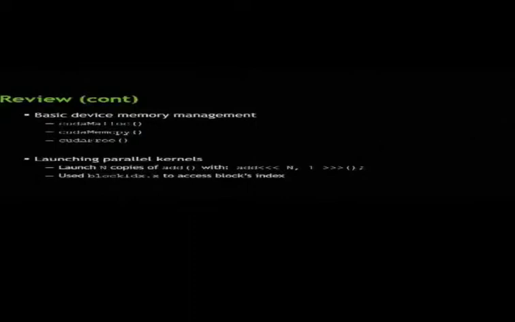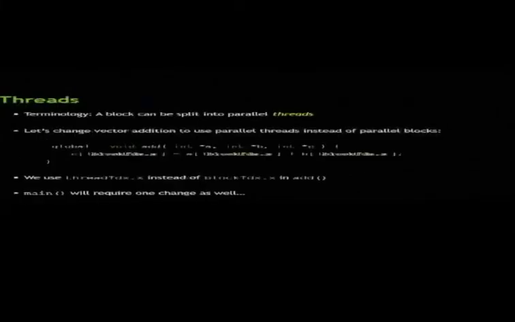Then you can launch parallel kernels pretty easily by changing this notation here. Inside that kernel, you access different data by using the indices that the CUDA runtime provides you as the kernel is being launched.